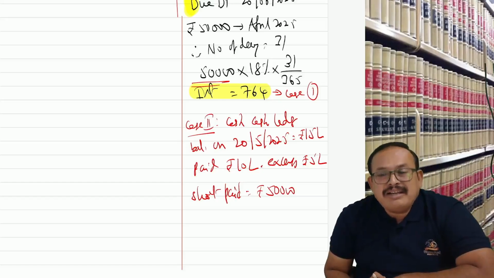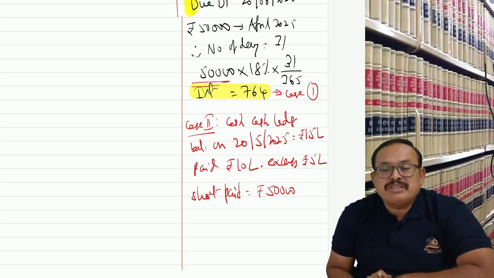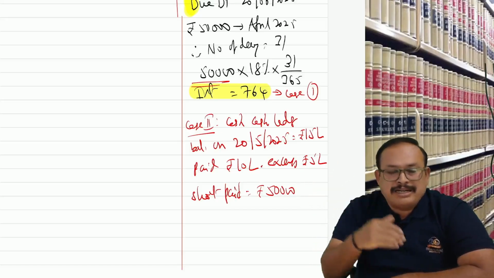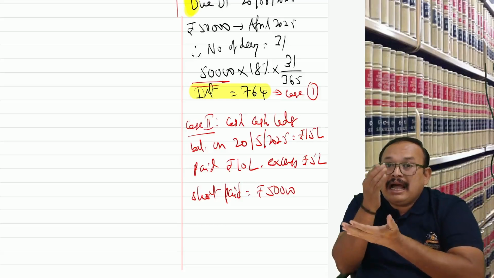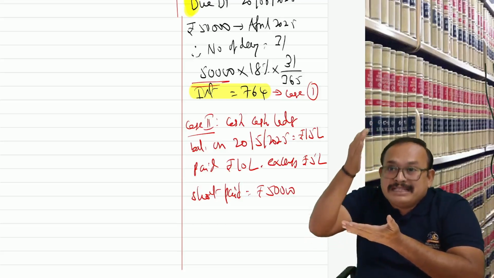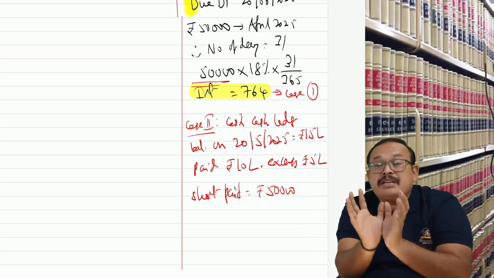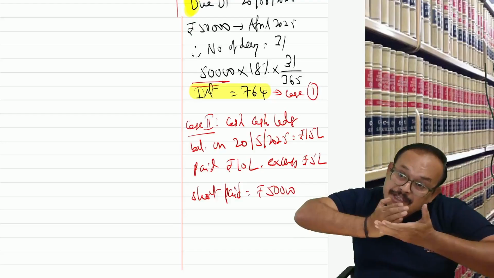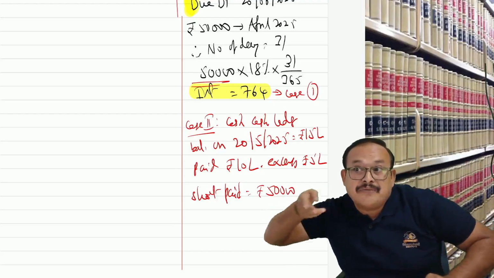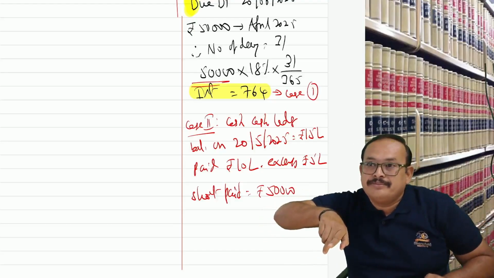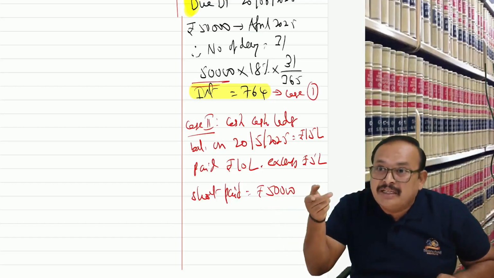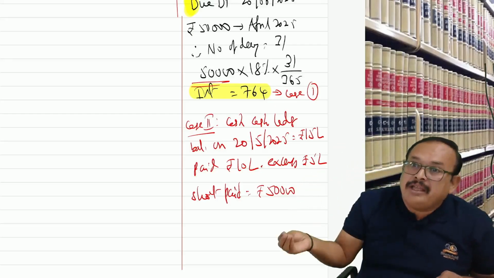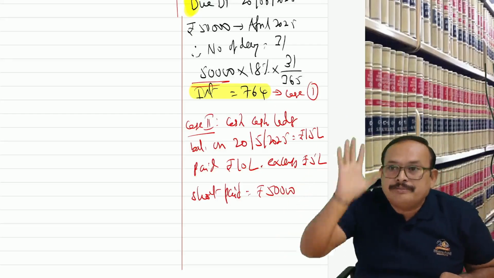Why not applicable? The new provision says that, as you rightly read also, as on the due date of filing the return, sufficient balance is available in the electronic ledger, and that balance continues till the date of filing the return for the tax period. Then, even though that return is filed belatedly, interest is not applicable.